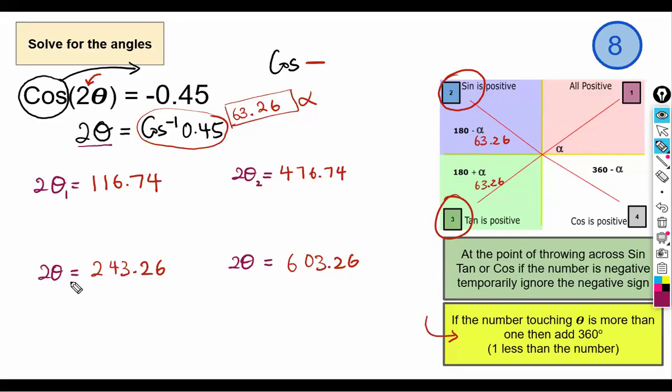Theta 1, theta 2, theta 3, theta 4. It's going to be real easy. This 2 is a multiply, throw it across, you get a divide. In other words, you're going to divide all the answers by 2 to solve for theta 1, theta 2, theta 3, and theta 4. And when you divide all of them by 2, you're finished. That's the end of the question.